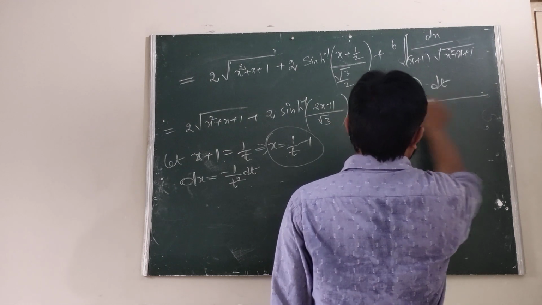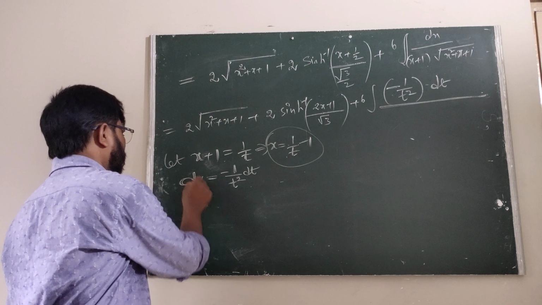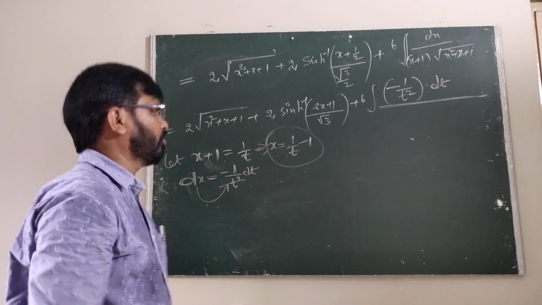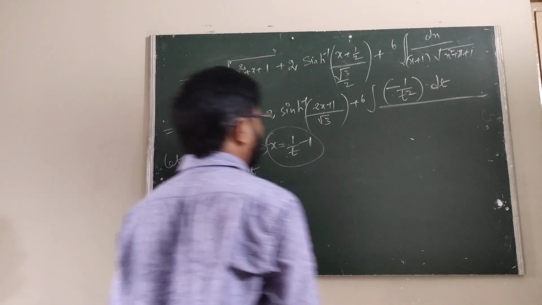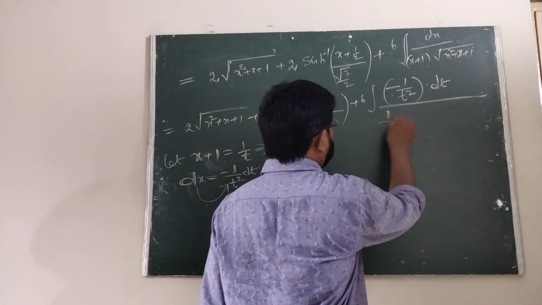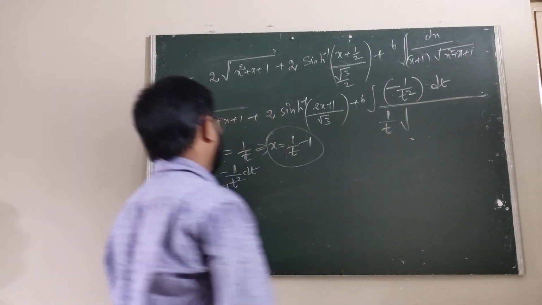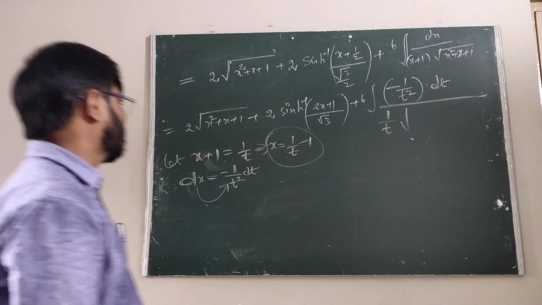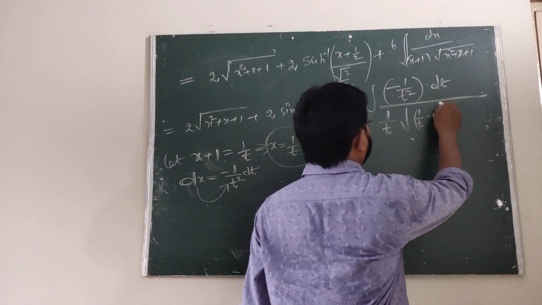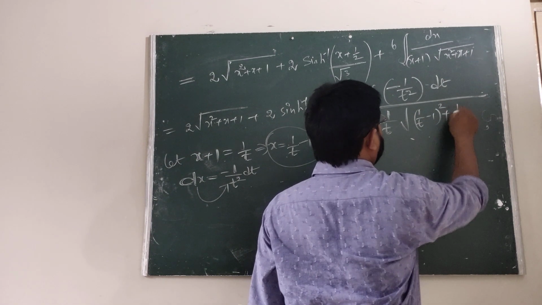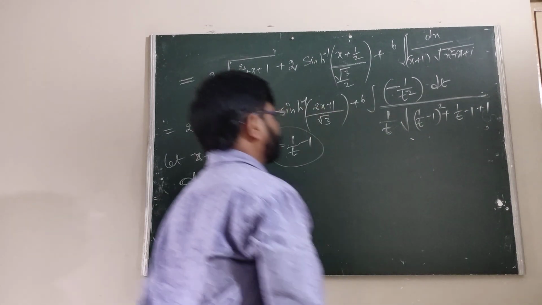The dx is minus of 1 by t square dt, and the x plus 1 is 1 by t, under root of the x, what is the x? 1 by t minus 1 whole square. Again the x is 1 by t minus 1, plus 1.